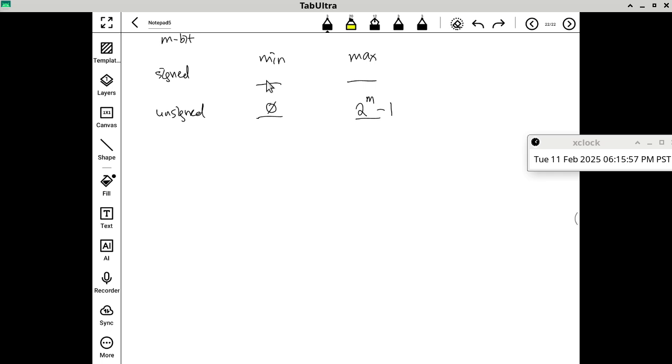So now can someone tell me, with only m bits, what is the smallest value you can represent? Okay. So think about the notation. You have a sigma of a bunch of bits, minus the most significant bit times 2 to the power of m minus 1. So how do you make the least value out of all the digits?